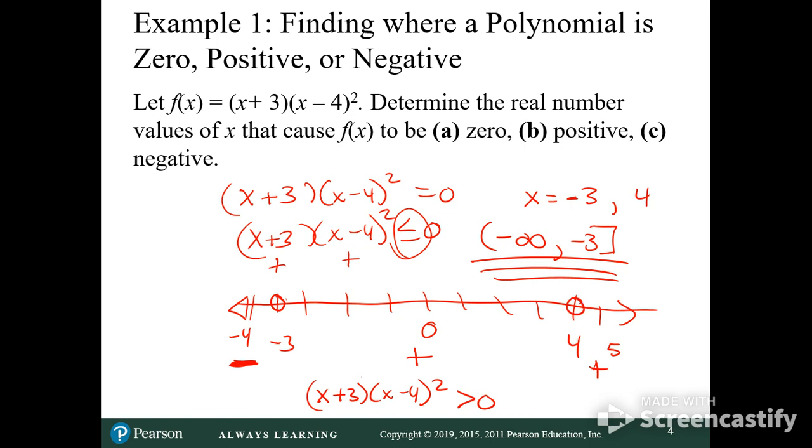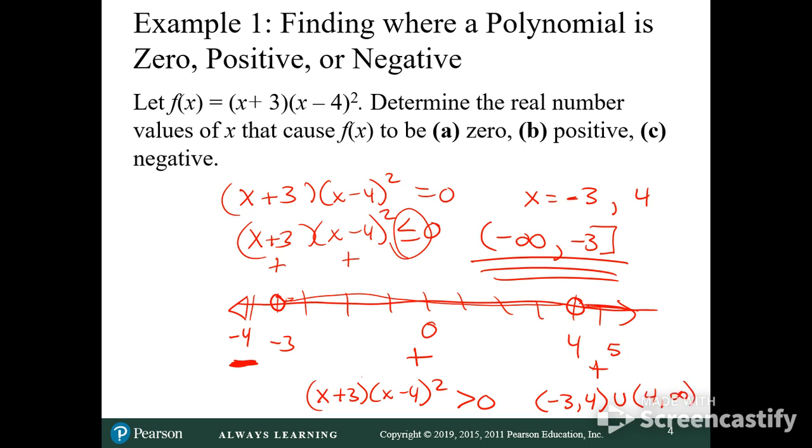And it's still going to be negative, positive, positive. So it's going to be positive in between here and positive past here. So where is it greater than? Well, it's greater than from -3 up to 4, parenthesis, union from 4 to infinity, parenthesis.